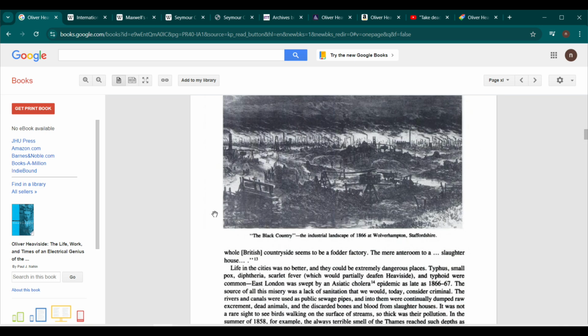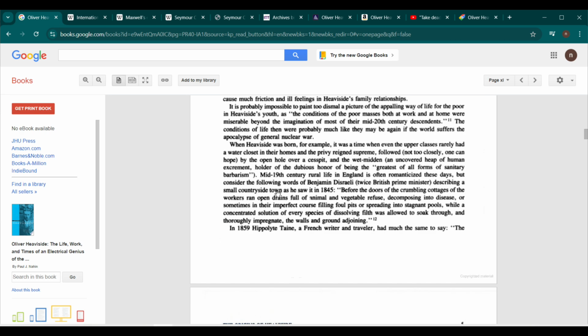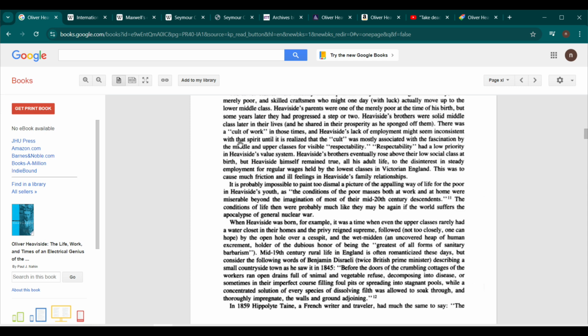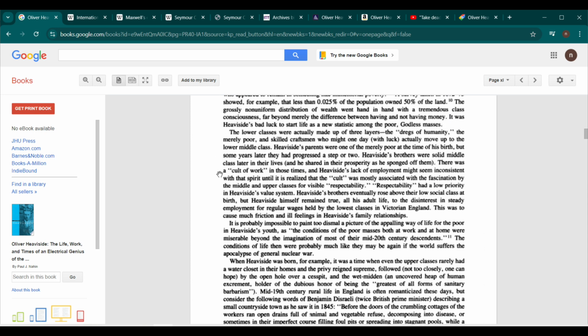So the conditions that he grew up in were... yeah, I guess I should cover this part. I thought it was further back, but I must have missed this part here.